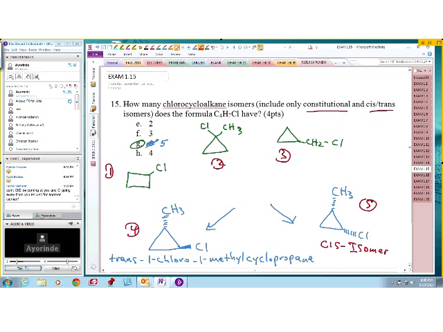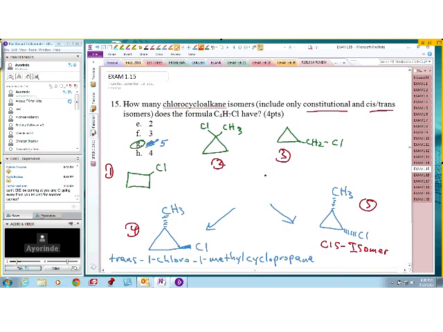Can't CH3 be coming at you? Yes, both the CH3 and chlorine could be coming at you. They will still be the same compound. If this methyl and this here are coming at you, it will be the same molecule. We will still call it cis.